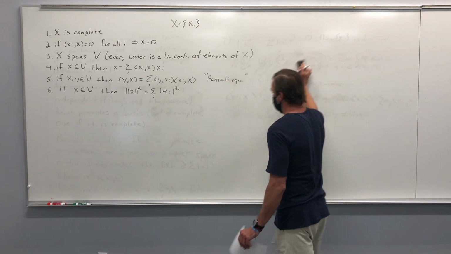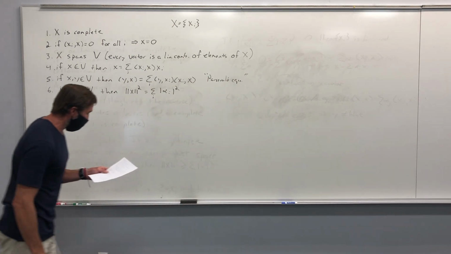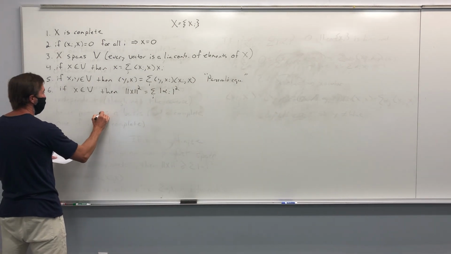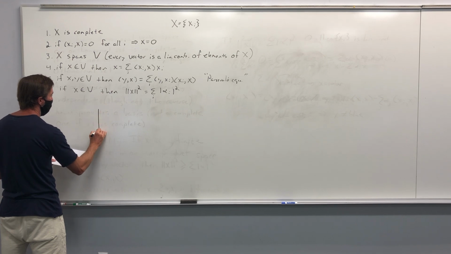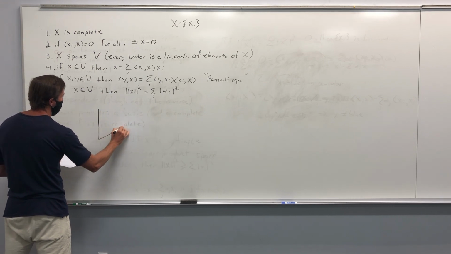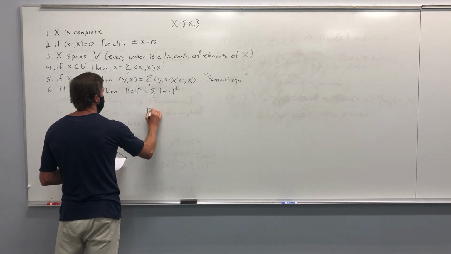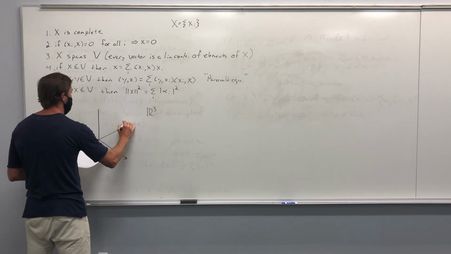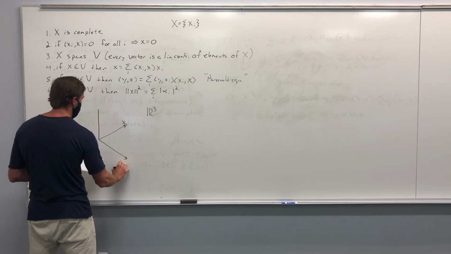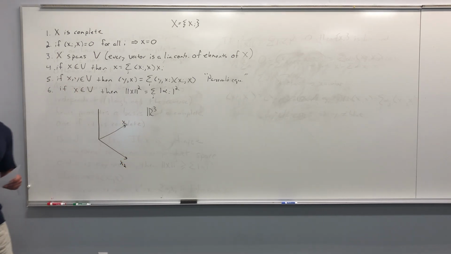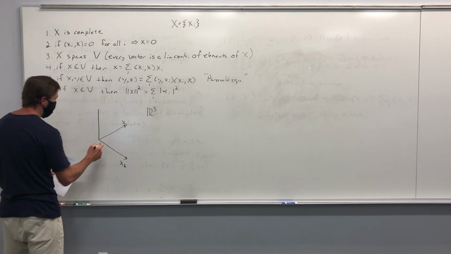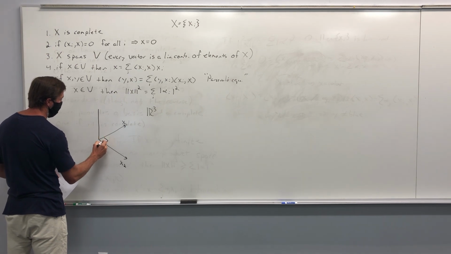I'm not going to worry about the proofs of these. Rather, I'm just going to use an example. Okay? So imagine that we have a vector space, which is R3, but the set of bases that we have is only this x1, x2. So these are going to be orthogonal, and they'll also be orthogonal to this guy.